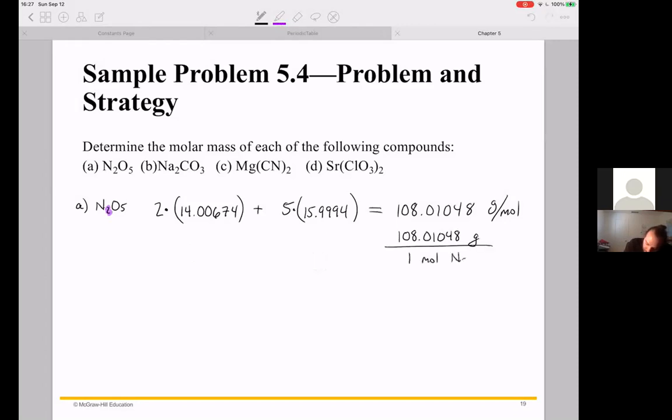And again, talking about that N2O5. Okay, so these answers that you get are actually conversion factors. You can set them up just like this, and that's how we would use them, just like we did before in our stoichiometry.